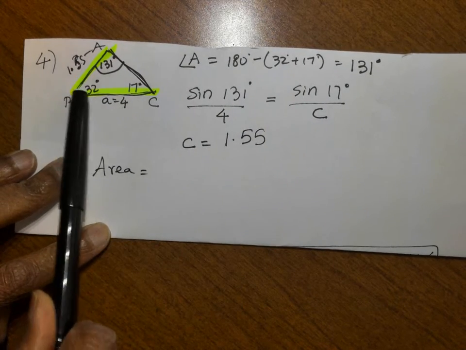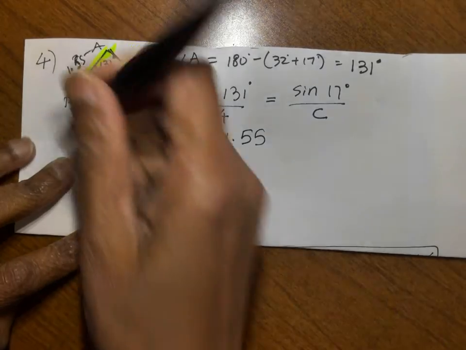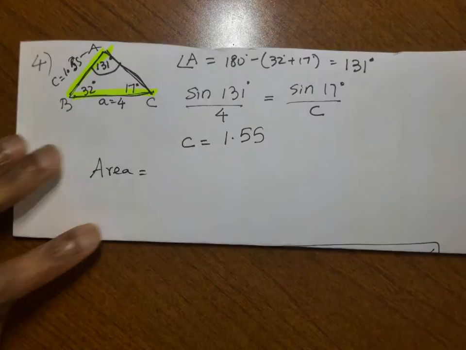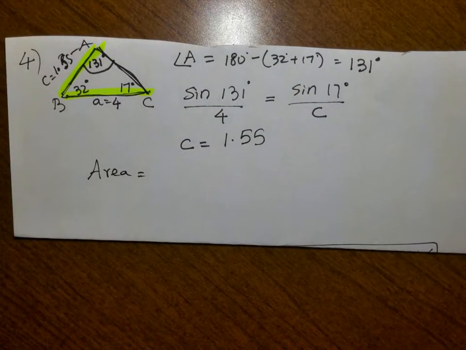I'm going to use the side 4, the side 1.55, and the angle in between them, that is 32 degrees. So let's go ahead and use our area of a triangle formula and finish this problem.